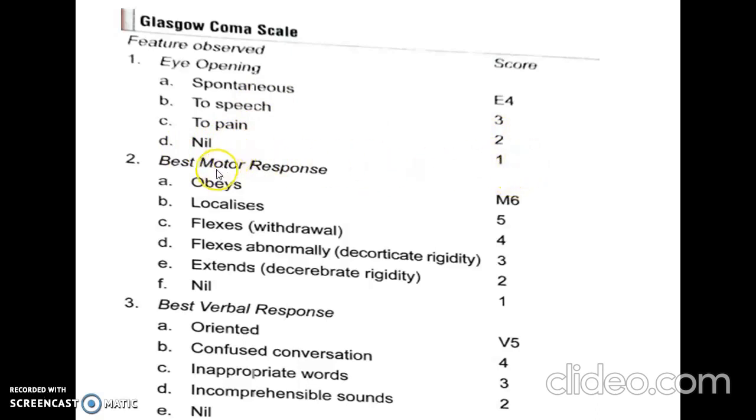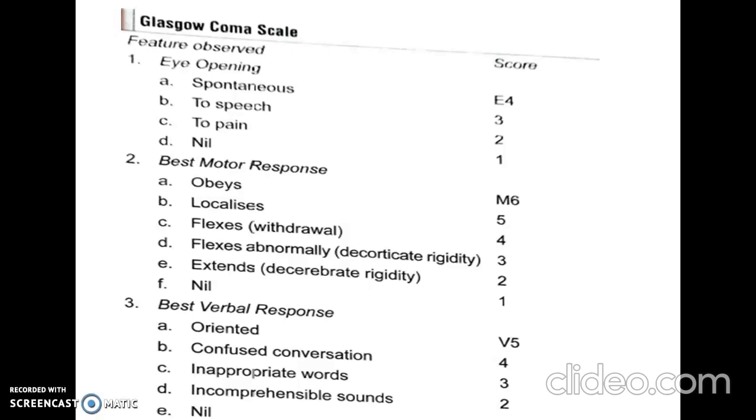It's considered nil. Then coming to the best motor response: if a person obeys commands, M6 will be given; motor is represented by M and a score of 6 is given. Here the patient does a simple task that is told to him.